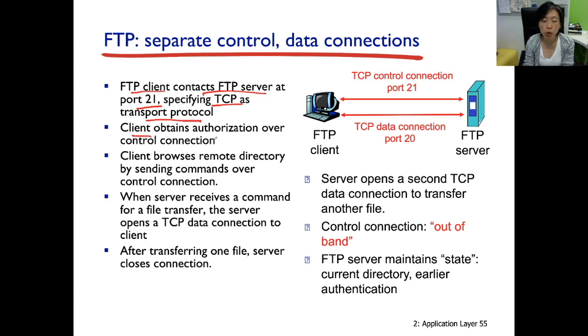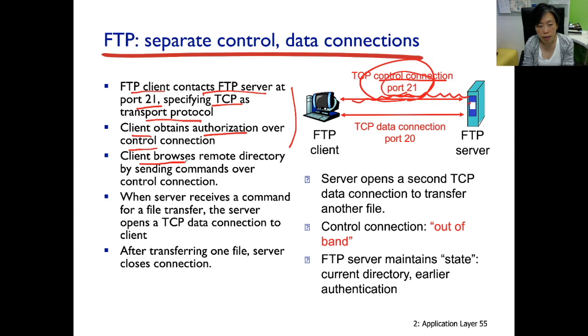And then the client will try to authorize itself into the server over a control connection. So what I'm depicting here is also what's going on here. The client will establish a control connection towards port 21 at the remote host. So messages saying, I want to log in, here's my password, will go on this connection.